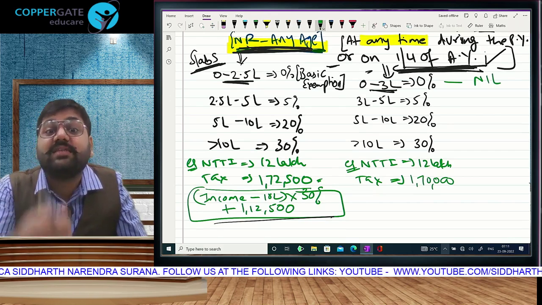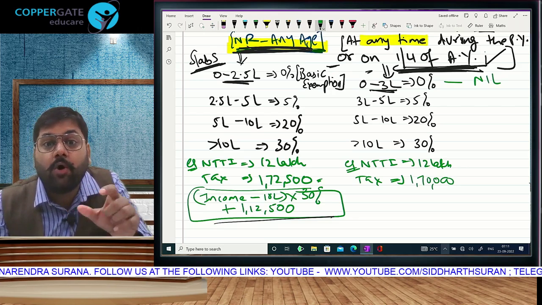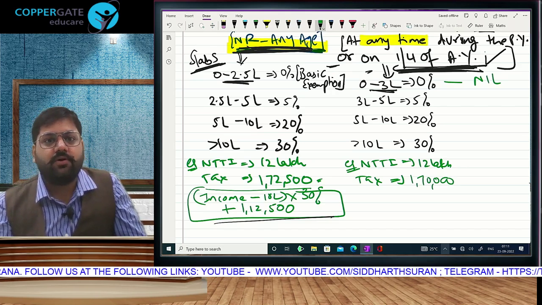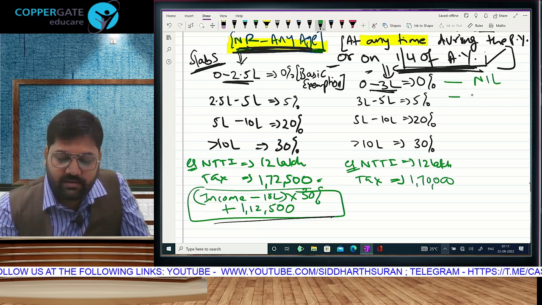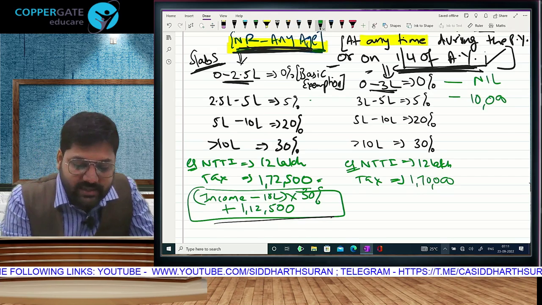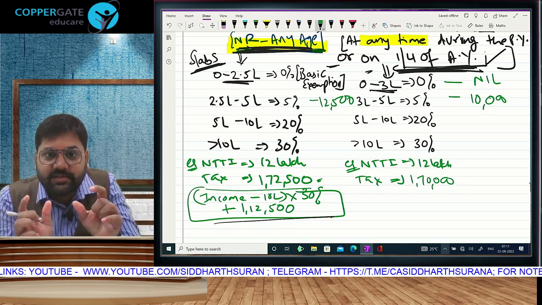The next slab is from 3 lakh to 5 lakh. That means income component of 2 lakhs taxed at a rate of 5%. That's 10,000, and this is where the difference lies. Ladies and gentlemen, here it was 12,500. This is the difference.